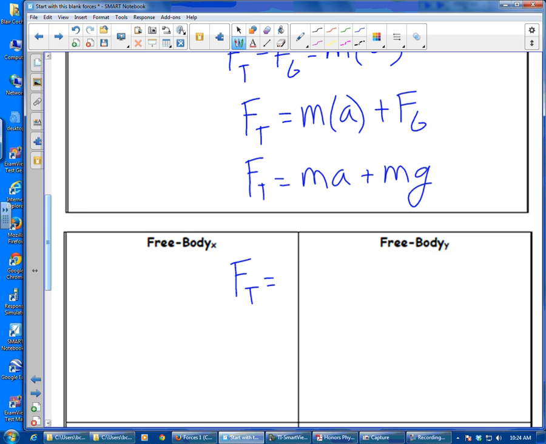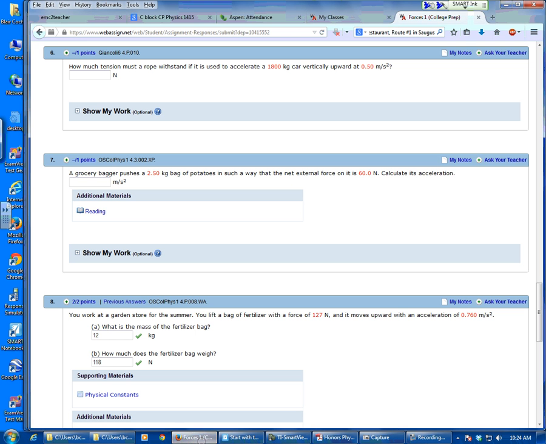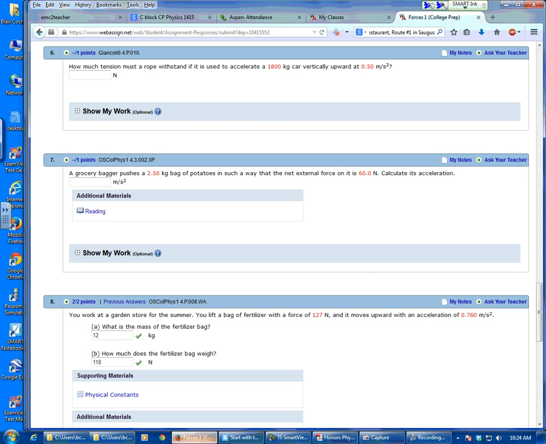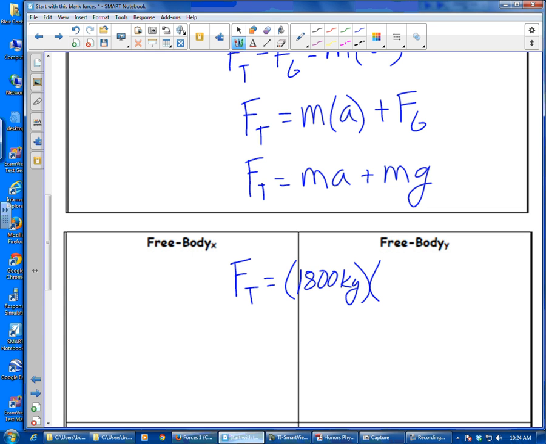Force of tension, my m, I'm told, is 1,800 kilograms. My acceleration, I'm told, is 0.5 meters per second squared.